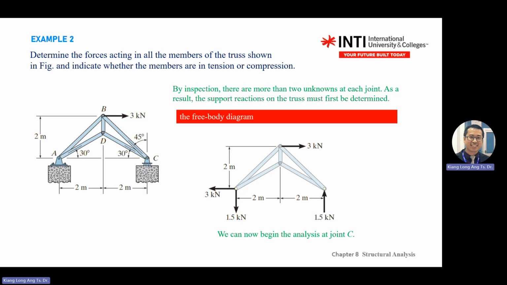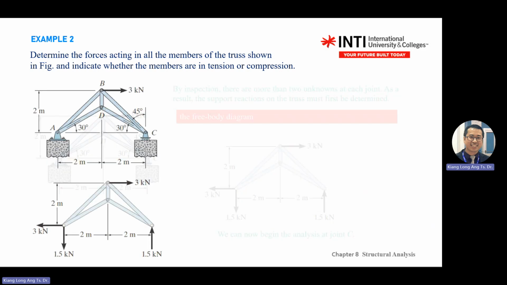So are we treating the whole truss system as one object to find the external force? Yes, we just treat it as one object to find the external force, like what you did in the previous chapter. Once you find the external force, the reaction force, only then you do the members.